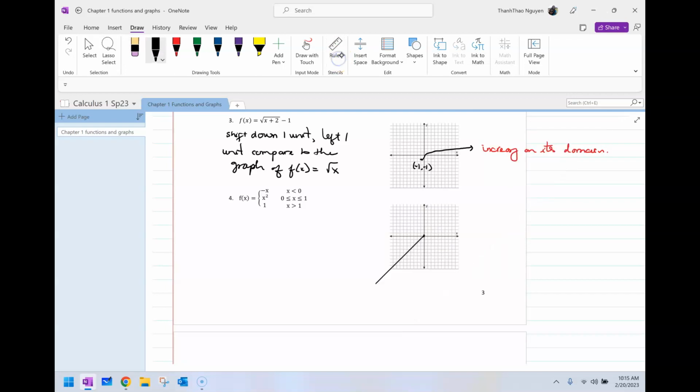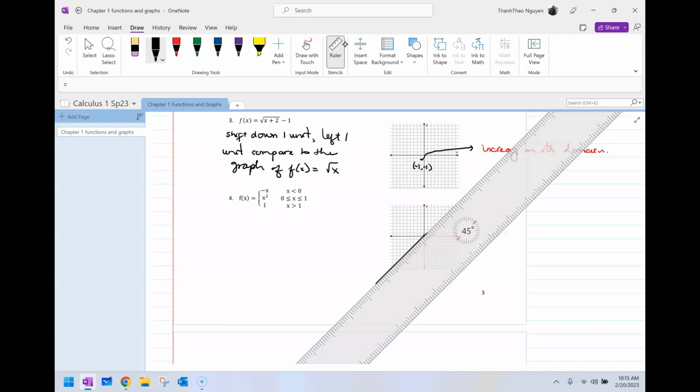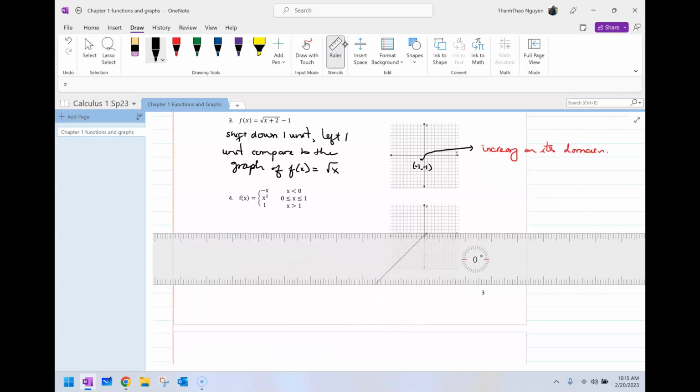Then we have x squared from 0 to 1. So it is a very tiny curve, kind of like this. And we have 1 when x is greater than 1. So then we have this line.